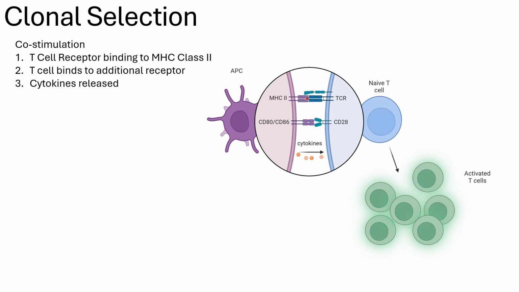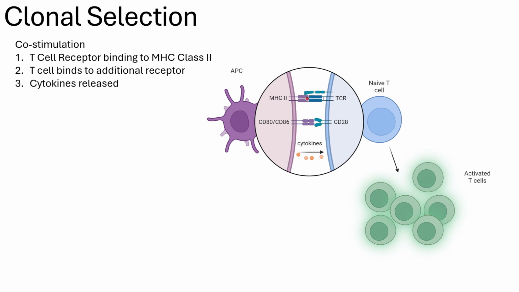There are essentially three signals that have to happen for a T cell to become activated and clone itself. Signal one is the binding of the T cell receptor to the MHC class 2 protein on the APC. Signal two is the binding of a T cell co-receptor to another receptor on the APC cell surface. The binding of cytokines to their receptors on the T cell represents signal number 3.